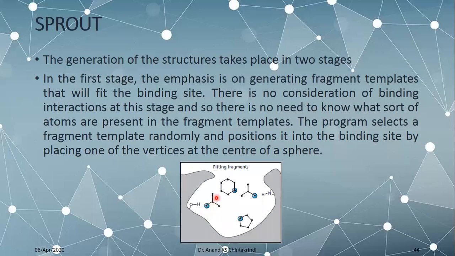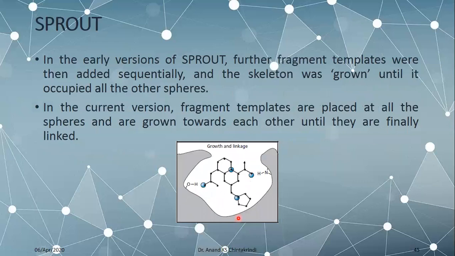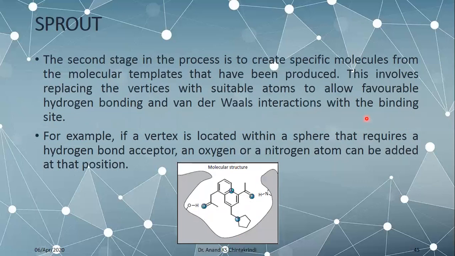In earlier versions, it places the fragment at this point first, then goes on building in this direction, in this direction, in this direction, and completes. But in current versions, it places all possible fragments in the spheres and connects them randomly, and they are grown towards each other until they are finally linked to each other.